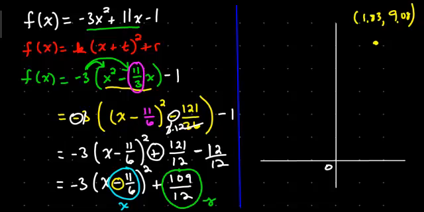Then the negative 3 here tells me that when I go over 1, I go down 3. So we go over 1 and down 1, 2, 3.